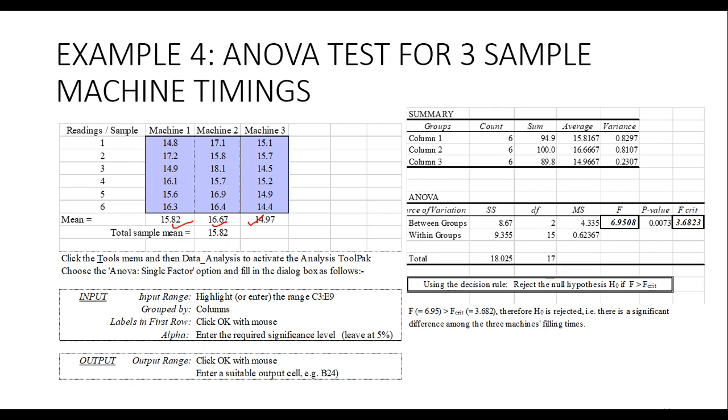Correct? And we found out the mean of the means. Suppose you are making this hypothesis that the means of the three samples are the same, they are not different.